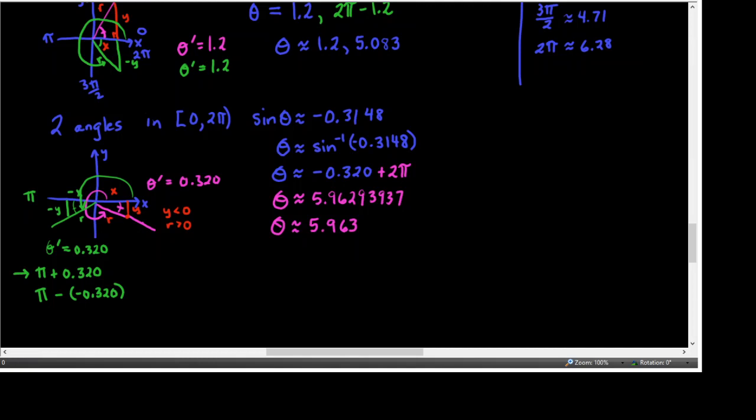I want to go halfway around and then another 0.320, because that's the size of the reference angle. To make it happen with the number I'm given, I'm going to type pi minus that answer.